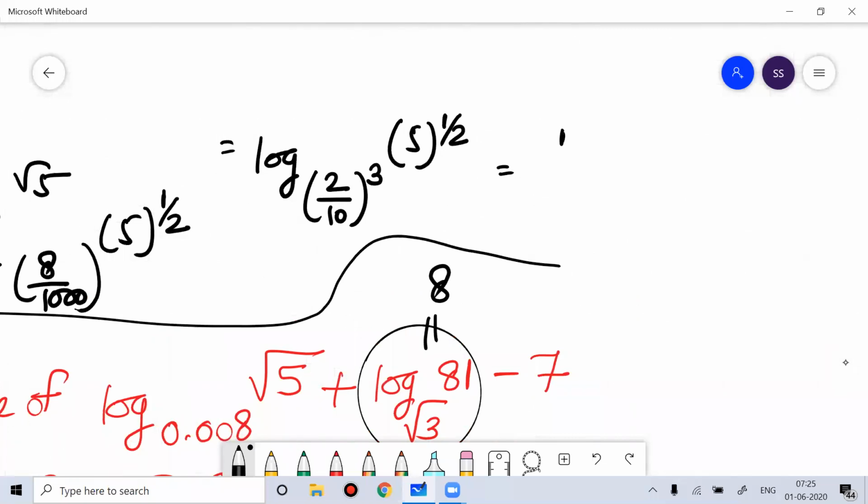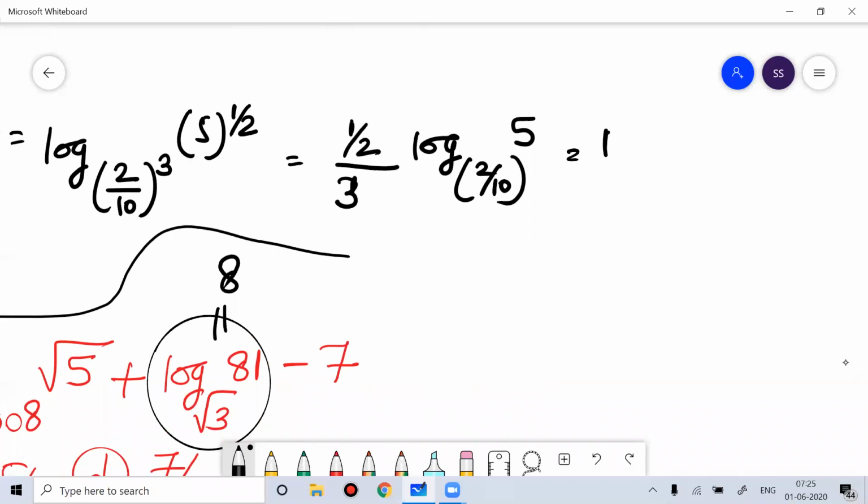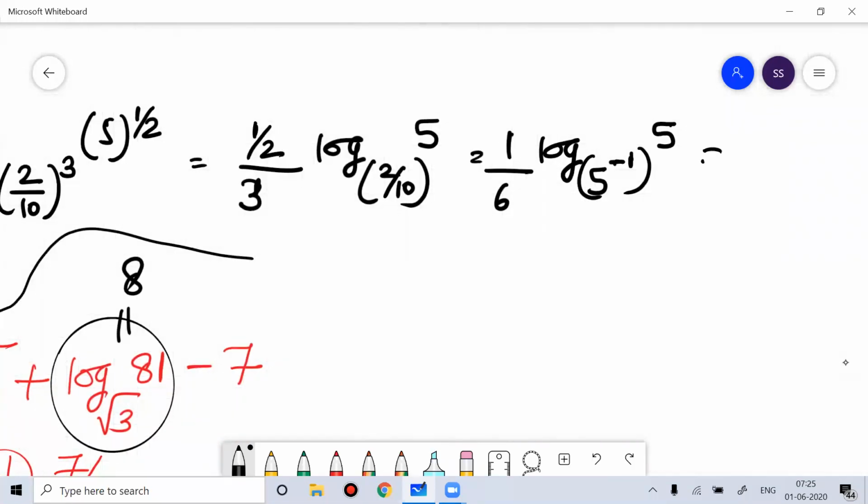Ultimately it is 1 by 2 divided by 3 log base 5 of 2 by 10. This is 5, so this will give you 1 by 6 log 2 by 10. I can write 5 to the power minus 1, so this will give you minus 1 by 6. You can easily understand, log base 5 of 5 will give you 1.